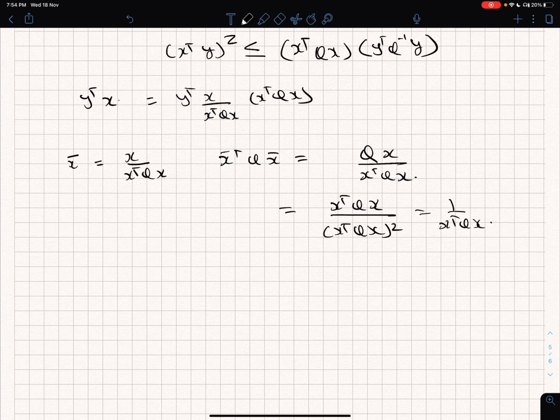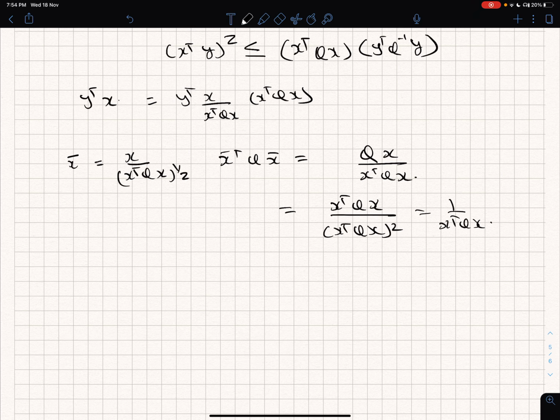So I'll make a small modification. I am going to call x bar the vector x scaled by the square root of x transpose qx, that is x divided by the square root of x transpose qx.